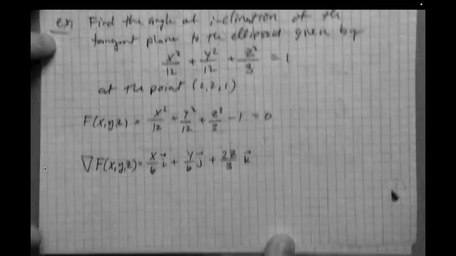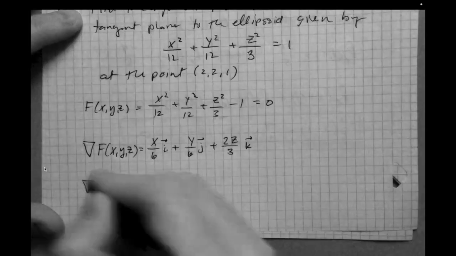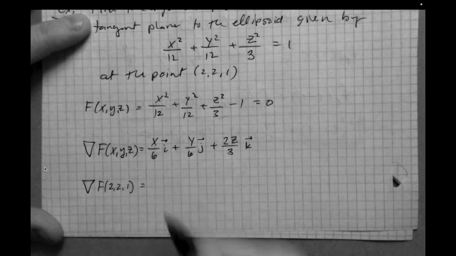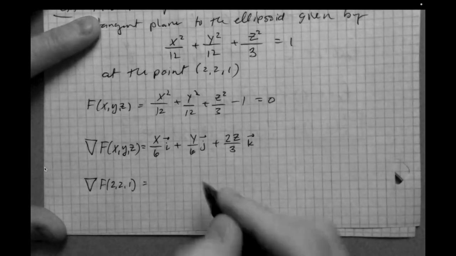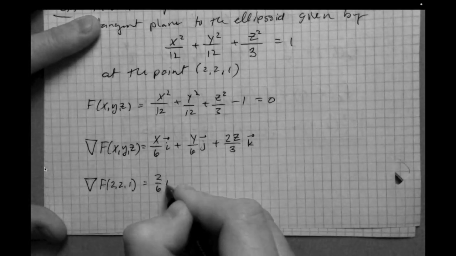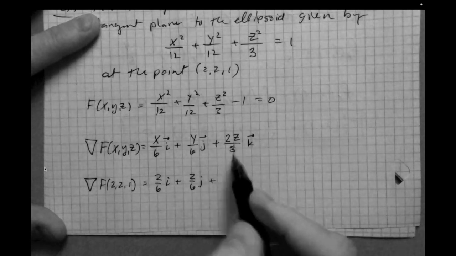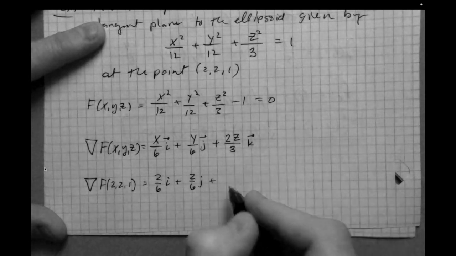Can we evaluate the gradient at the point 2, 2, 1? Of course. Right, and what do we get? We get 2/6 i plus 2/6 j plus 2/3 k.